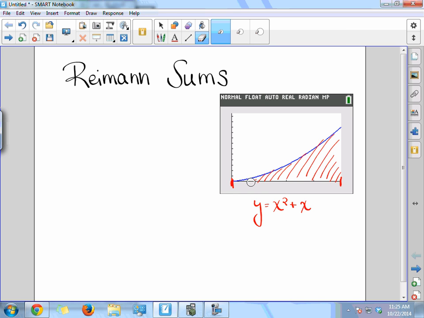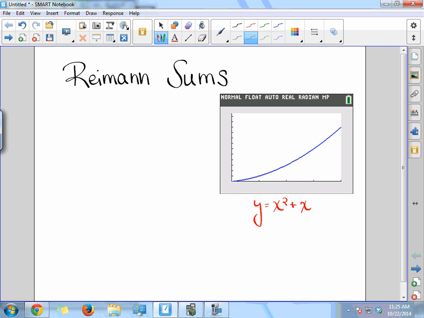So before we can really understand the idea of antiderivatives as area, we want to learn how to approximate this area. And we're going to do that using tiny rectangles. In this picture, they're actually not going to be too tiny, but these rectangles are called Riemann sums.